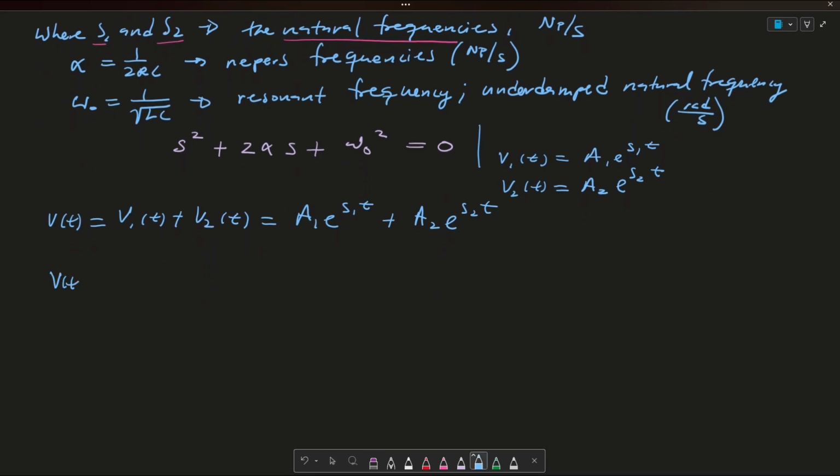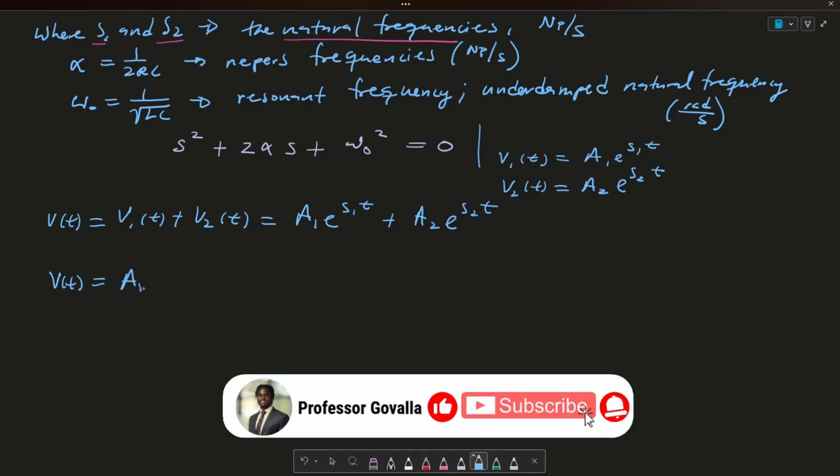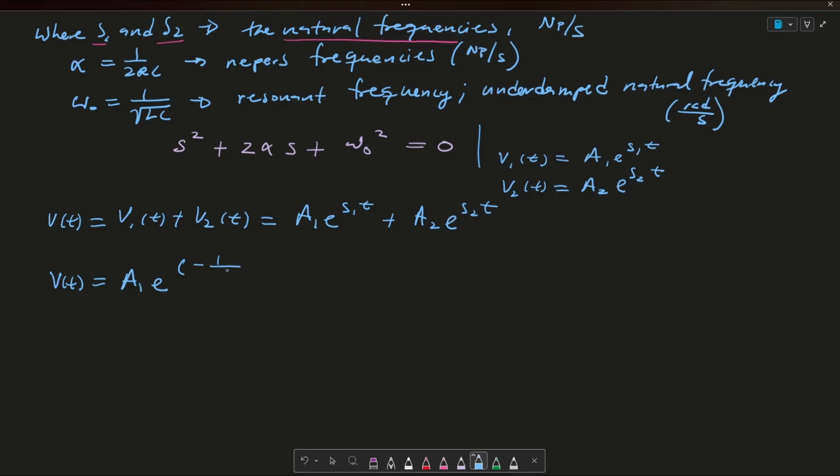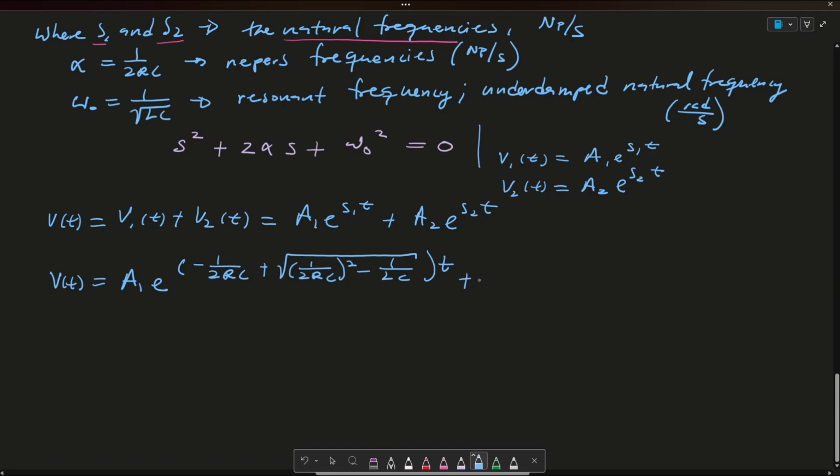We get that V of t is equated to A1 e to the power of S1, which is this minus 1 over 2 RC plus square root of 1 over 2 RC squared minus 1 over LC, times t, plus A2 e to the minus 1 over 2 RC minus square root of 1 over 2 RC squared minus 1 over LC, times t.